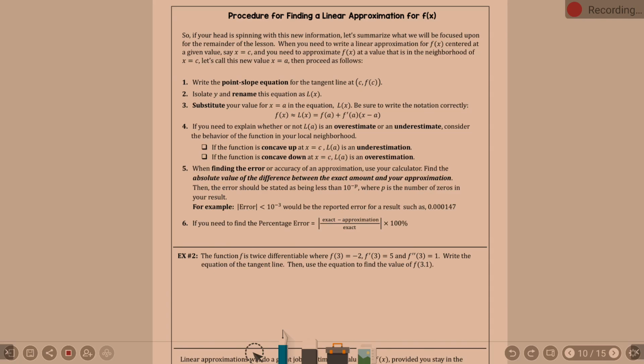So basically like scientific notation, because that error should be very, very small, where p is the number of zeros in your result. For example, the error is less than 10 to the negative third would be reported for an error such as 0.000147, because we're 3 zeros off from the decimal there. Okay, and then if you need to find percentage of error, there's the formula.